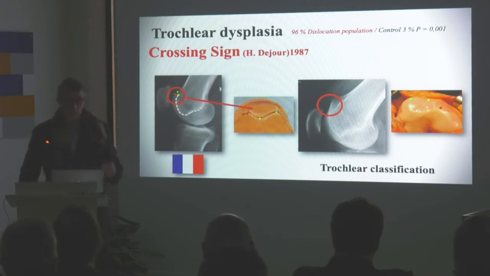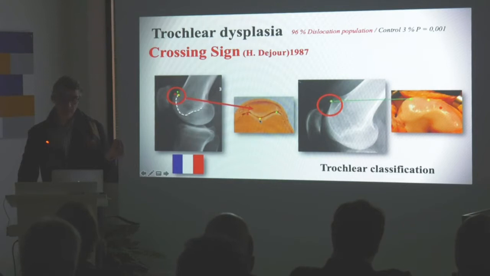If you look at the trochlea, you have 3 points: the medial facet, the groove, and the lateral facet of the trochlea. So if those 3 points are on a different level, and the groove is the deepest, no trochlear dysplasia, your trochlea is congruent.